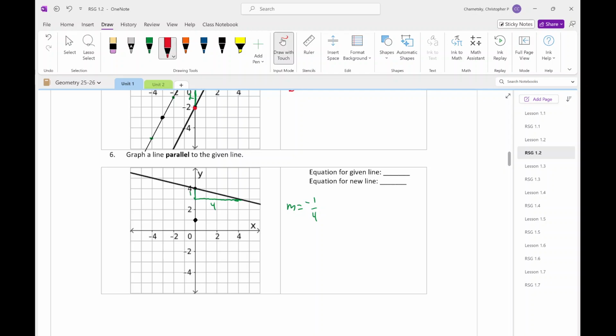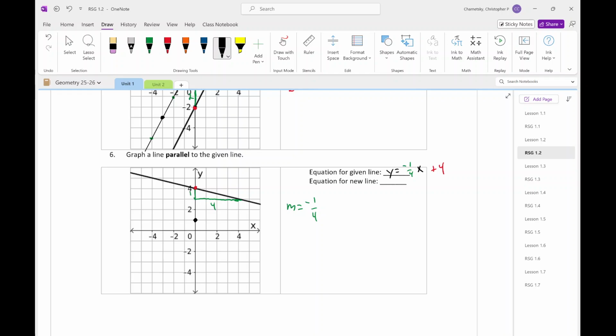And the original y-intercept is 4, so the equation is going to be y equals -1/4 x plus 4. Now if I start my new line here, it really doesn't matter where I start it, as long as it's not on the original line.